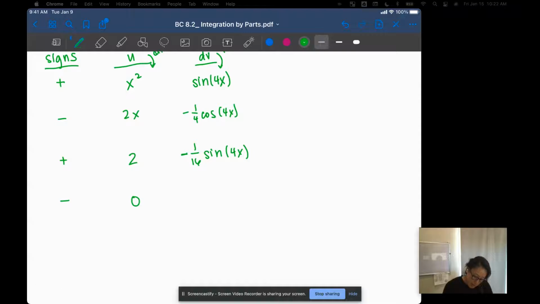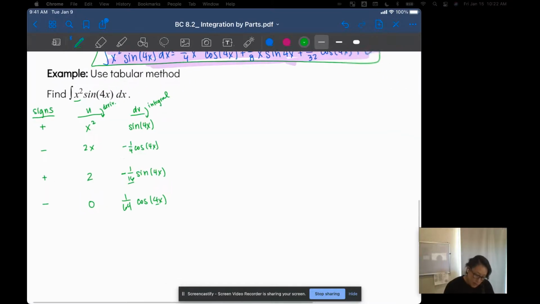Then we take the antiderivative one more time. The antiderivative of sine is negative cosine, so a negative times a negative is going to give me a positive cosine of 4x. And then remember, we take the 1/16 and divide it by 4, giving me 1/64.